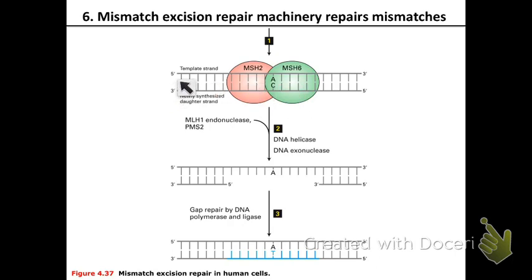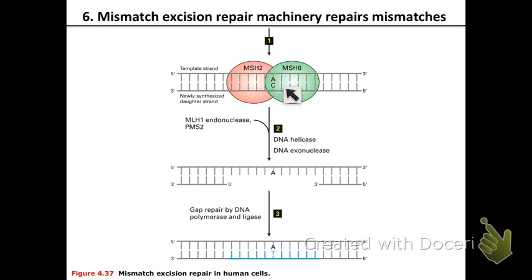So this is the template strand up the top. You have a newly synthesized daughter strand, which has incorporated a C compared to A, which should have incorporated a T, right? So this causes a bulge in the DNA structure, and that bulge is basically recognized by these proteins MSH2 and MSH6.